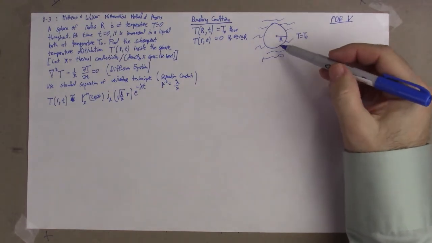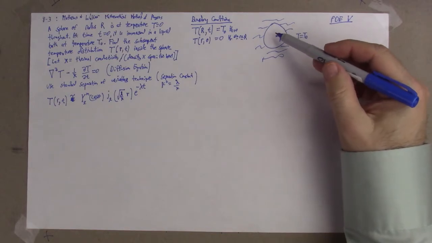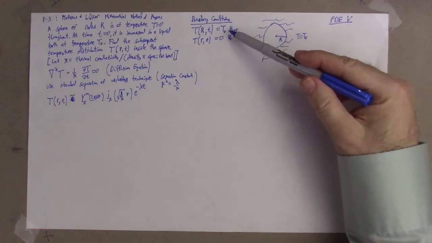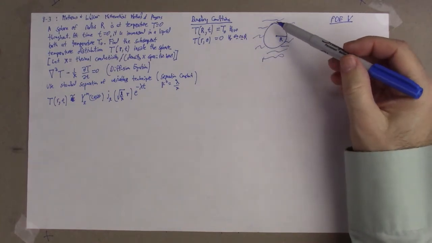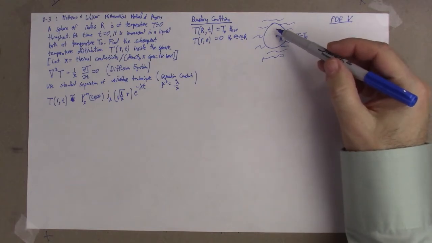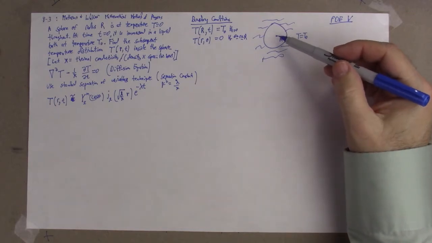We have an inhomogeneous boundary condition at the radius capital R. We have T is capital T0. So we have an inhomogeneous boundary condition. We have a boundary condition that holds for all r at a given time, and it's 0. So everything we have is spherically symmetric.